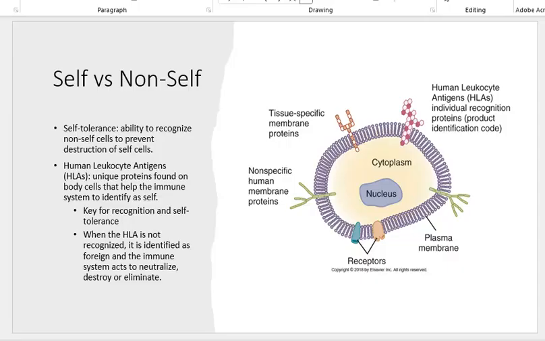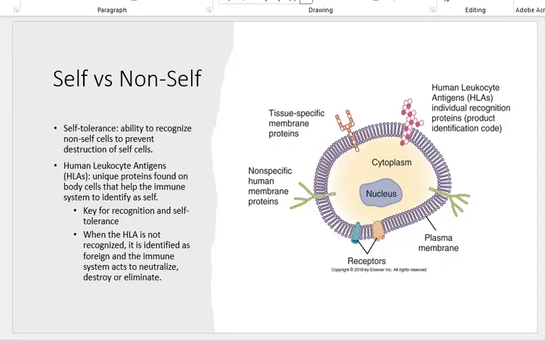We have something called the human leukocyte antigen, or HLA. This is each person's universal product code. It is an antigen on the cell surface. It's a protein on the cell surface capable of stimulating a response.